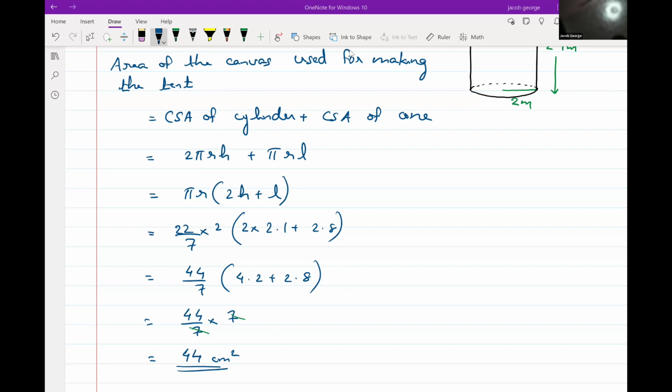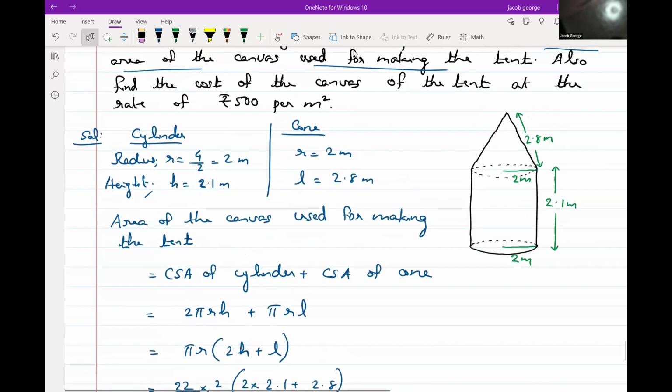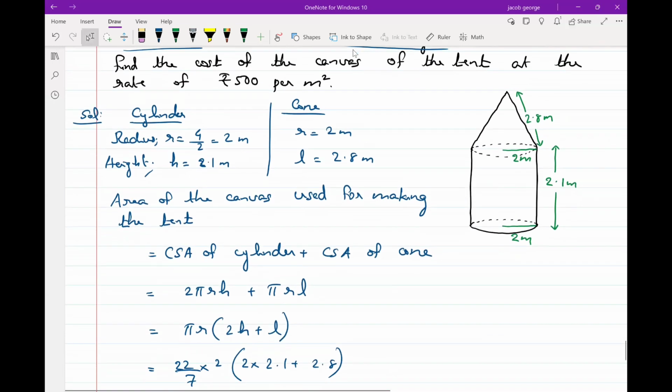Next, we are going to find out the cost. Cost of making the tent. For that one, the rate is written.